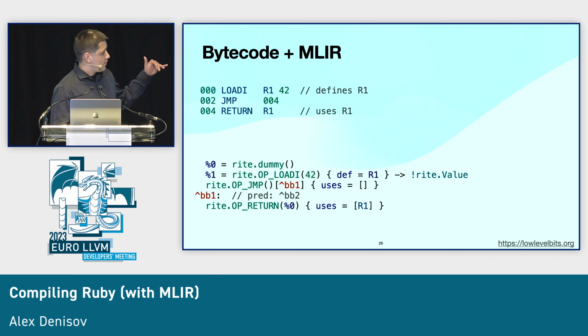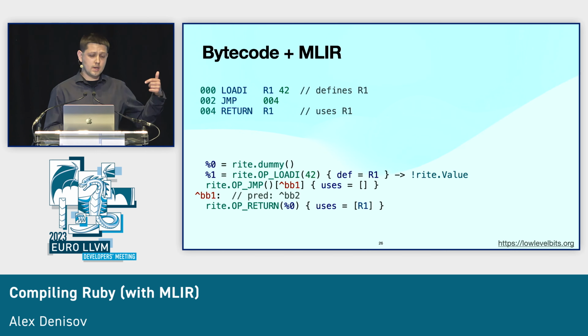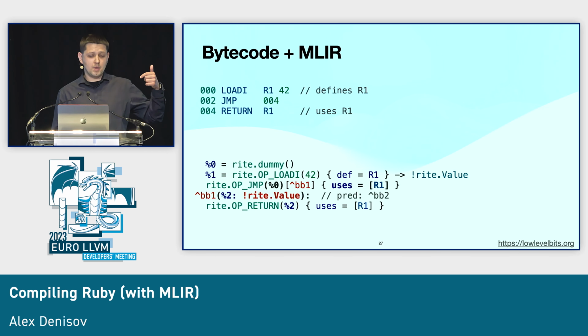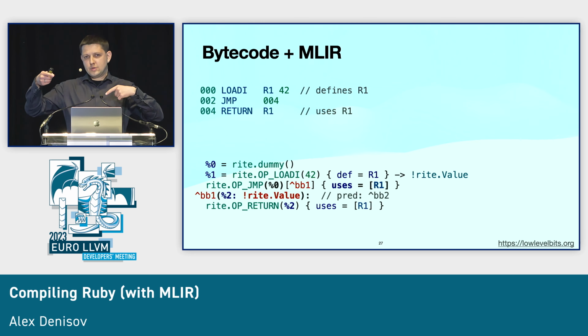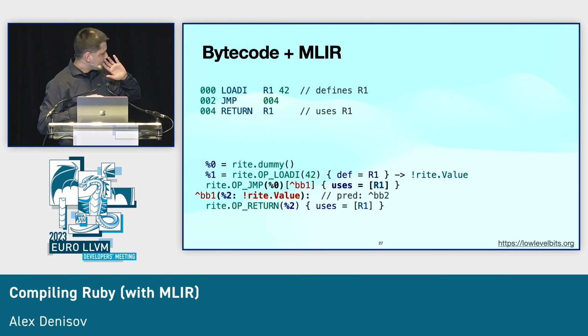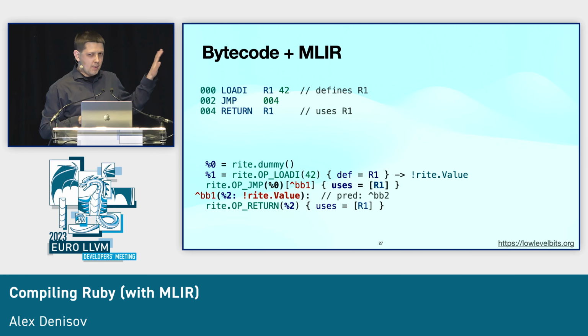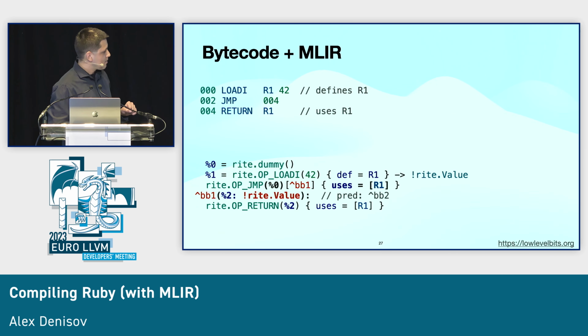If something is used but not defined in this basic block, then I just say it must be coming from the predecessor, and then all the jumps from the predecessors use what is being required, right? Yeah, I'm going to share a link in the end with some more details, because I think there is a better explanation on the website.